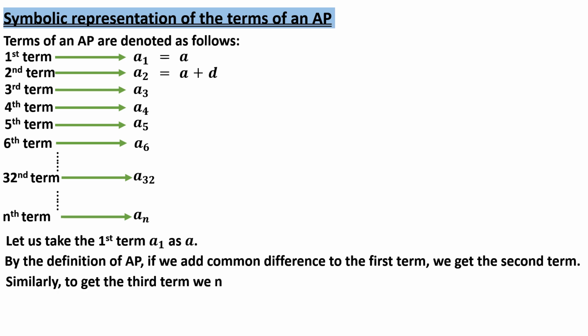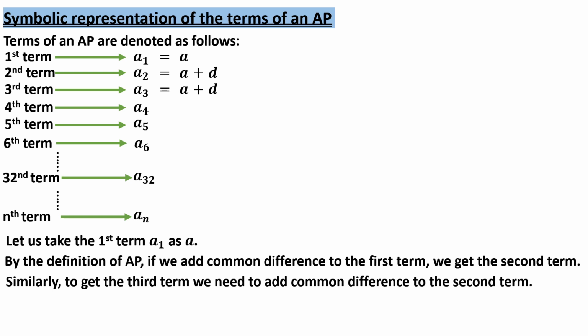Similarly, to get the third term, we need to add common difference to the second term. Therefore, a3 equals a2, which is a plus d, plus d. d plus d is 2d. Therefore, this is equal to a plus 2d.